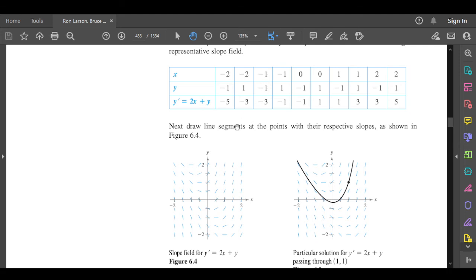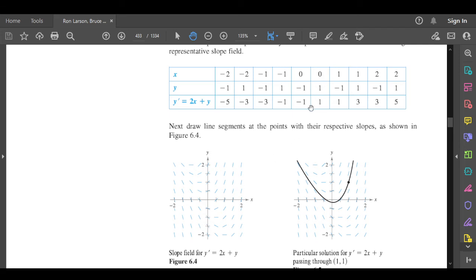At -1, -1, kini siya -3 gihapon. At -1, 1, we have -1. So medyo slant na siya, no? Okay, -1 naman siya. And at 0, -1, negative gihapon na.